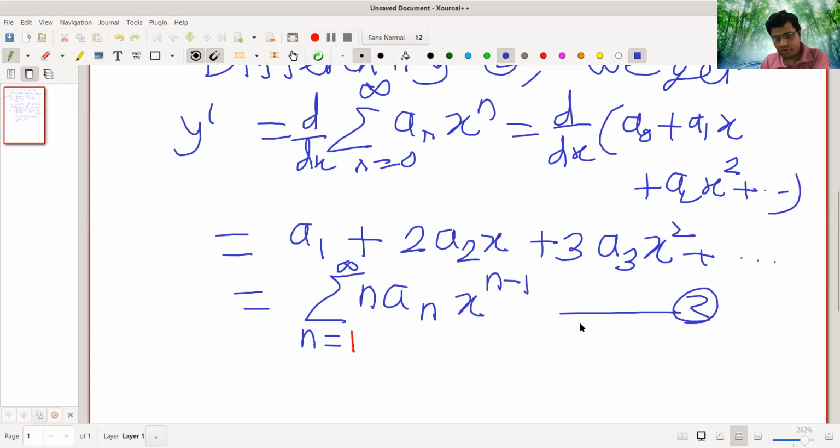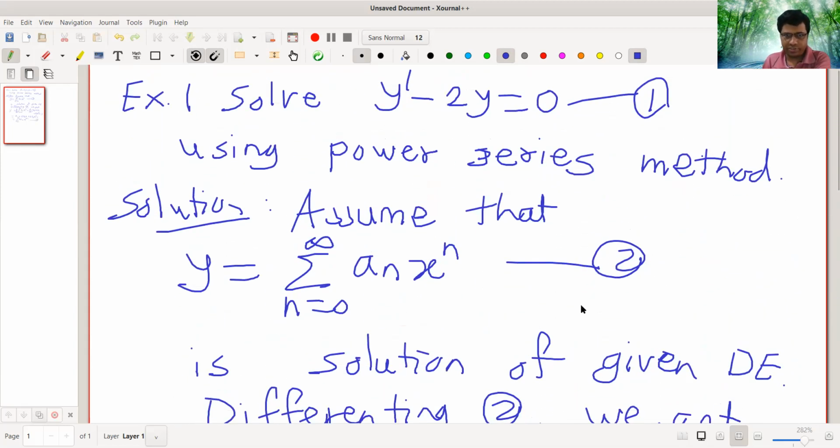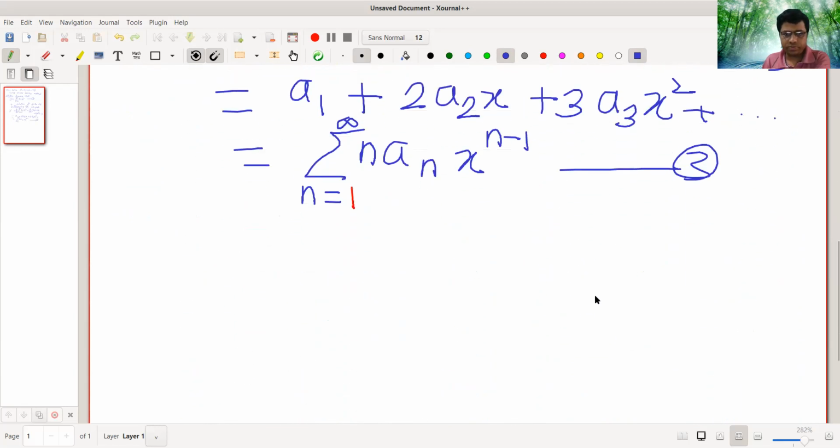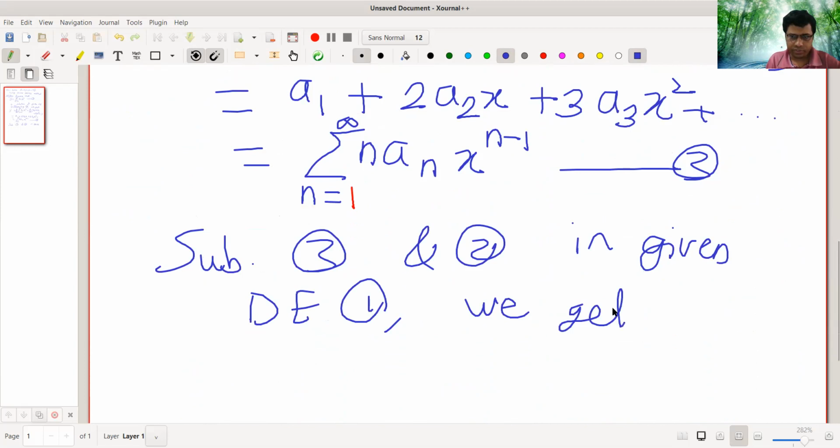Now we substitute 3 and 2 in the given differential equation. Substituting equation 3 and 2 in the given differential equation 1, we get, so the differential equation is y dash minus 2y equal to 0.